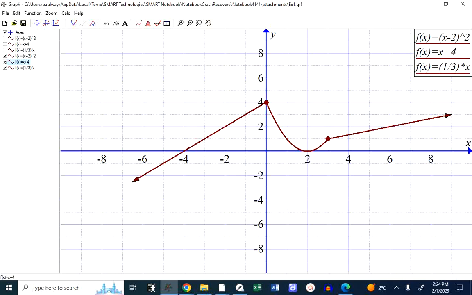And some people say to me, well, where would you have a function like this? There are lots of places where in physical sciences, things change when you get to a certain point. We were dealing with a question just this morning, McKenna and I, and it's a question we did in class where the temperature of the air cools by 1 degree Celsius for every 100 meters you go up.